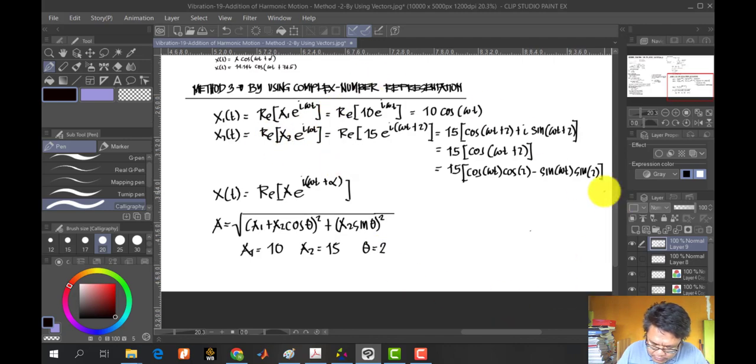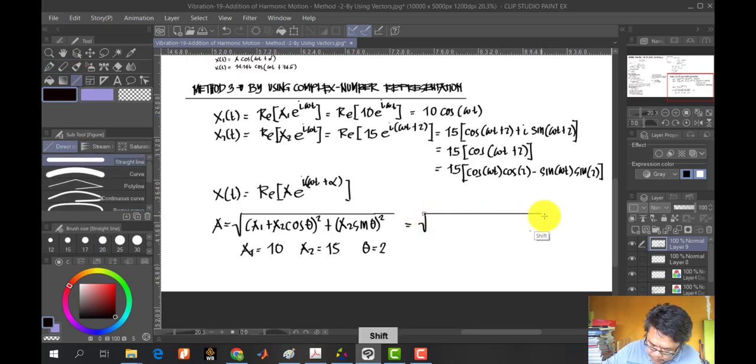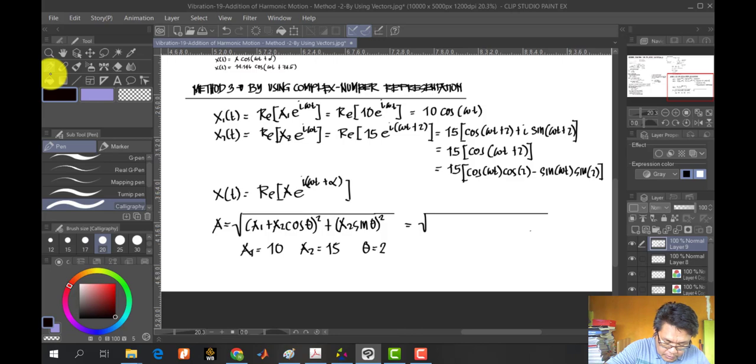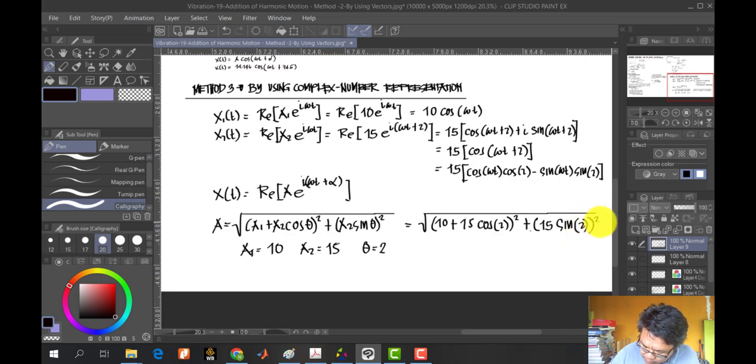So let's substitute that. This is now equal to the square root of 10 plus 15 cosine of 2, squared, plus 15 sine of 2, squared.